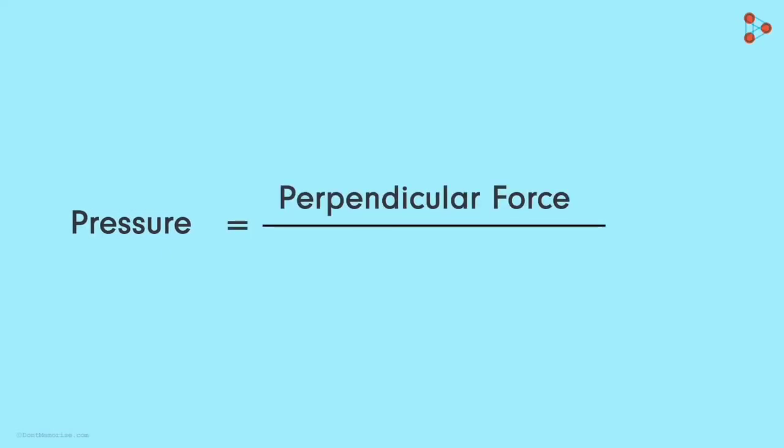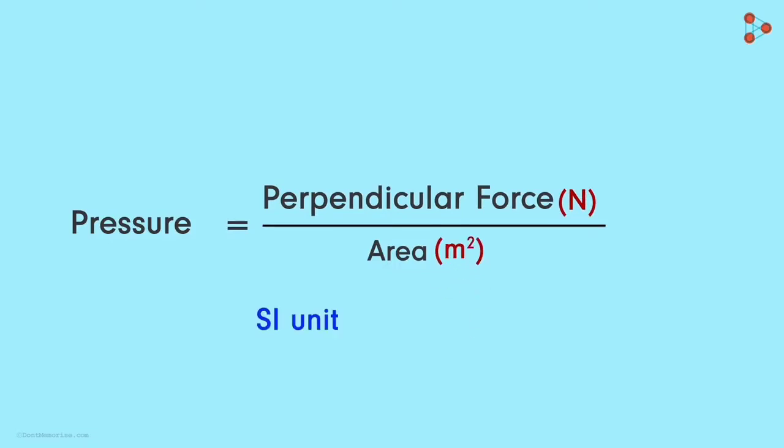Listen, the equation for pressure is equal to perpendicular force divided by the area on which it is applied. The force can be denoted in N, Newton, and the area in meter square.